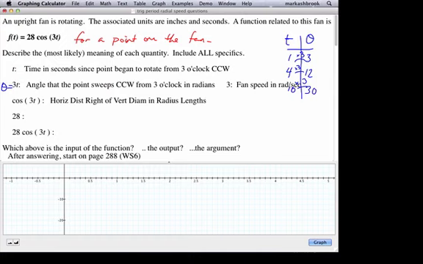So then what is the 28? If we're focusing on this point, what does that 28 mean? Number of inches.